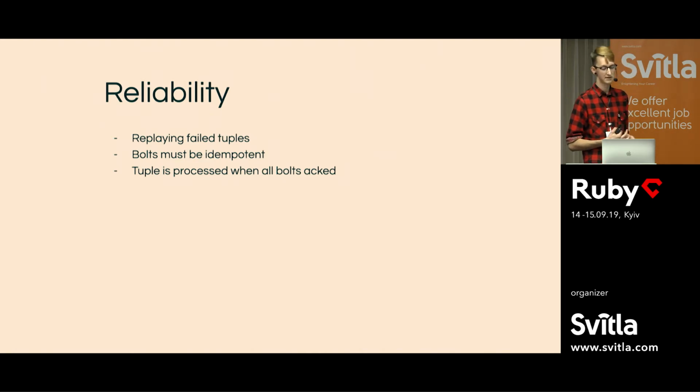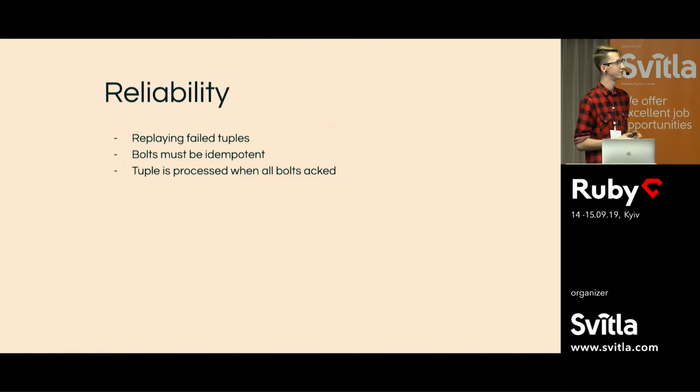And this is a really complicated thing to do. That's why Storm allows the original tuple to be emitted again right from the source, from the original spout. In consequence, any operations performed by our bolts must be idempotent. Otherwise, we can process some events multiple times, which is not something we would like to do.